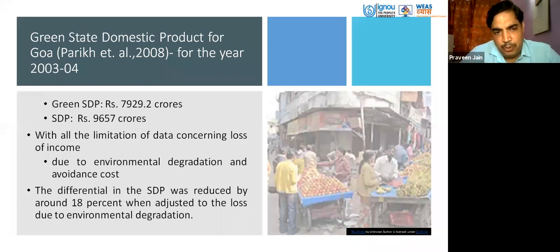Because if we are over-exploiting our natural resources, or emphasizing industrialization, it may be causing harm to our environment, and that is also causing loss to our natural resources. And when we count the actual figure of domestic product, it will definitely reduce.